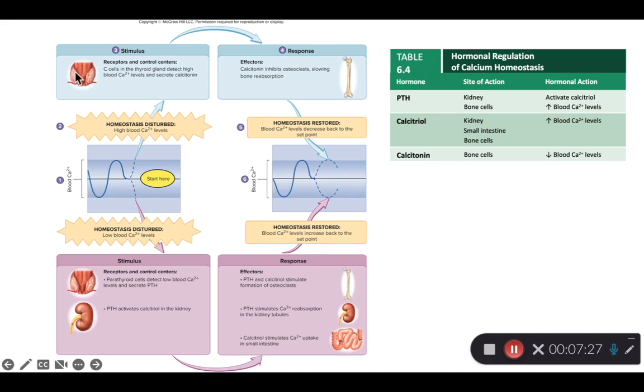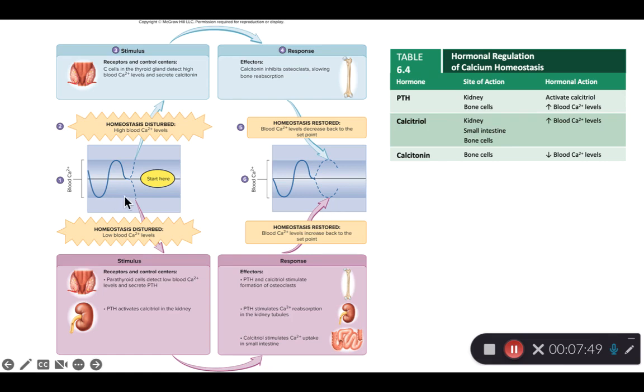So there's the thyroid gland. Thyroid gland's going to produce calcitonin. Calcitonin's going to inhibit the osteoclasts and help deposit calcium into the bones. All right. Now, unfortunately, this book doesn't talk about kidneys, but kidneys are going to get rid of calcium.